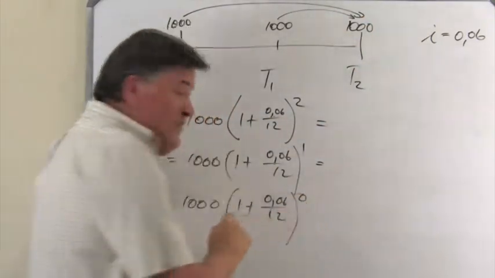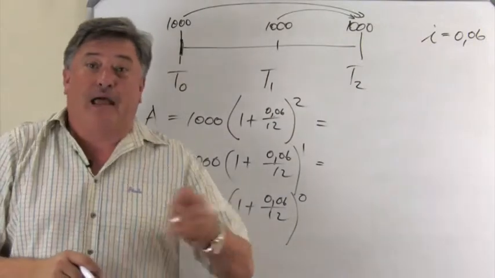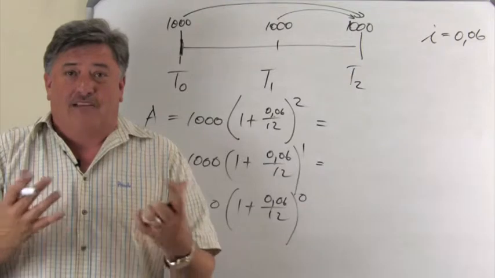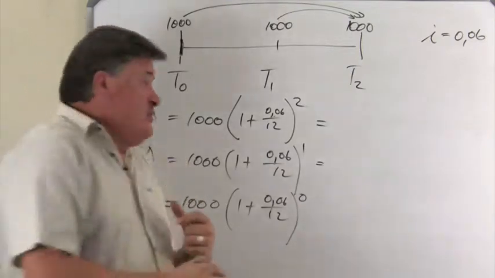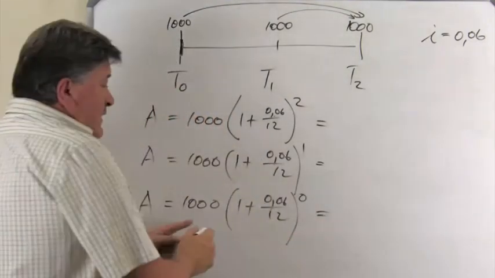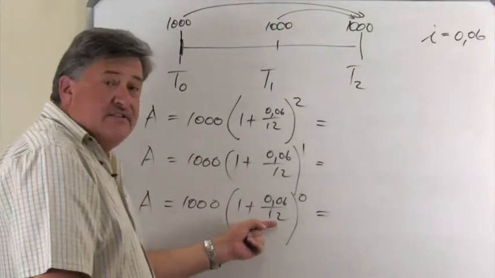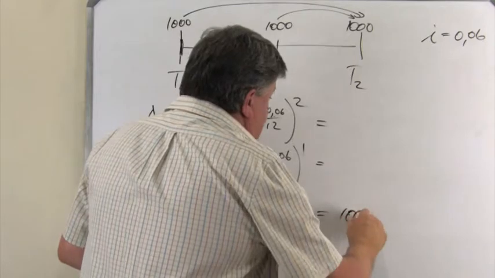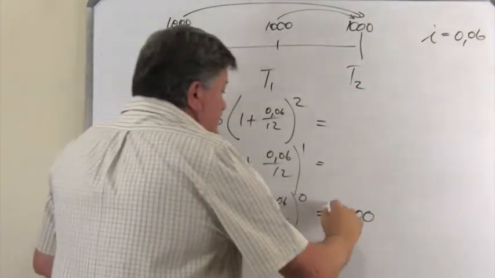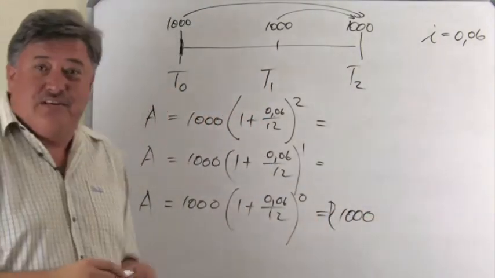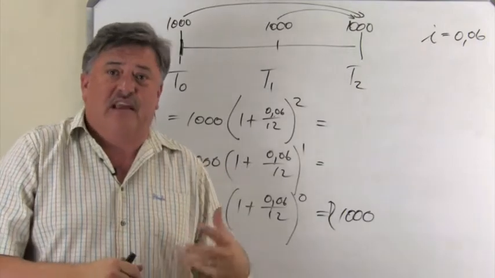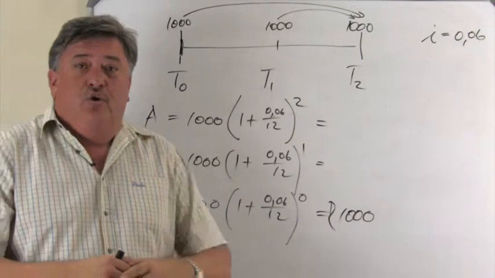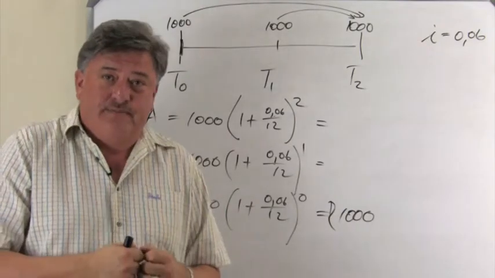Basically for 0 months, because we're going to pay this deposit and then ask what the total amount was. As you will agree with me, any base to the exponent of 0 becomes 1, times 1,000. This answer we don't need to calculate by calculator because it's quite obvious it will stay 1,000. There will not be interest on this amount because you will pay it in and then it will pay out.